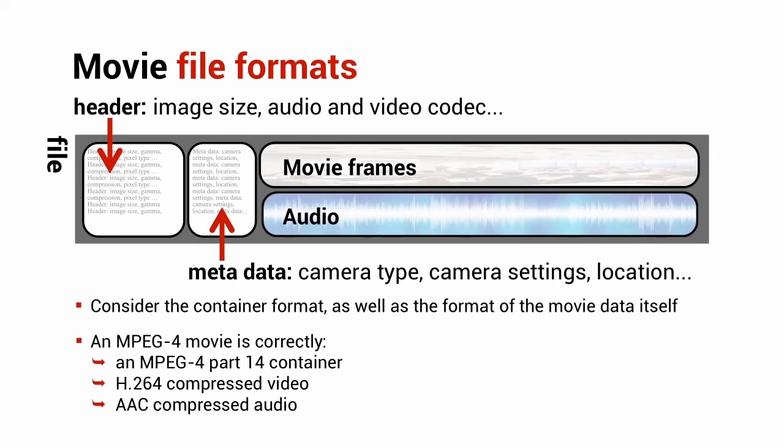That means that it's defined by a standard, part of the MPEG-4 standard, Part 14 of that standard. And the video is compressed using the H.264 standard, and the audio is compressed using the AAC standard. So MPEG-4 is a shorthand for a lot more detail about the container, the video, and the audio.